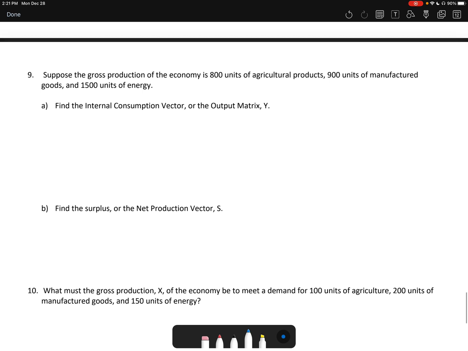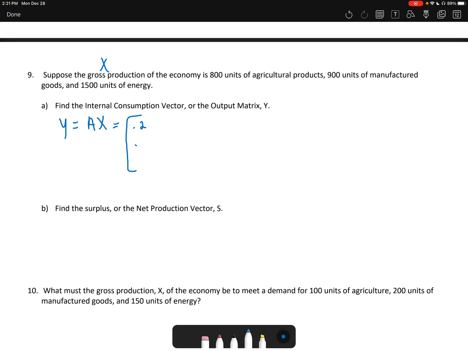Next, we're asked, suppose the gross production, so we have to know that that means the X matrix, is 800 units of agriculture, 900 units of manufactured goods, and 1,500 units of energy. Find the Y matrix. So we know that Y equals A times X. We created our A matrix, so I'm going to recopy that down.